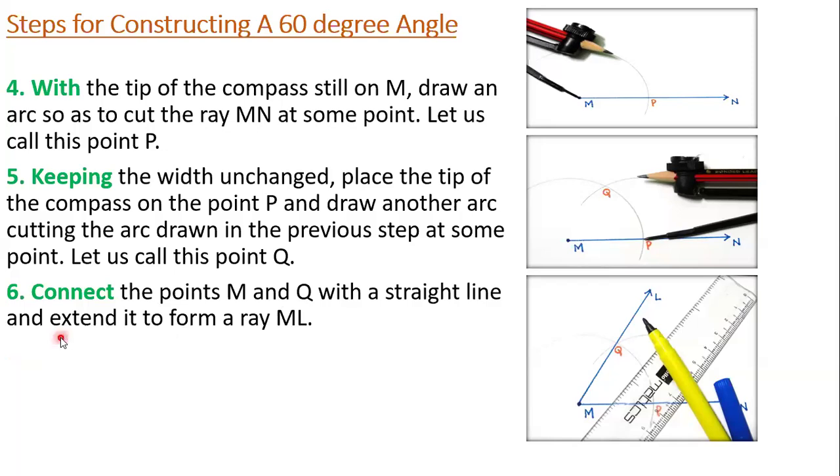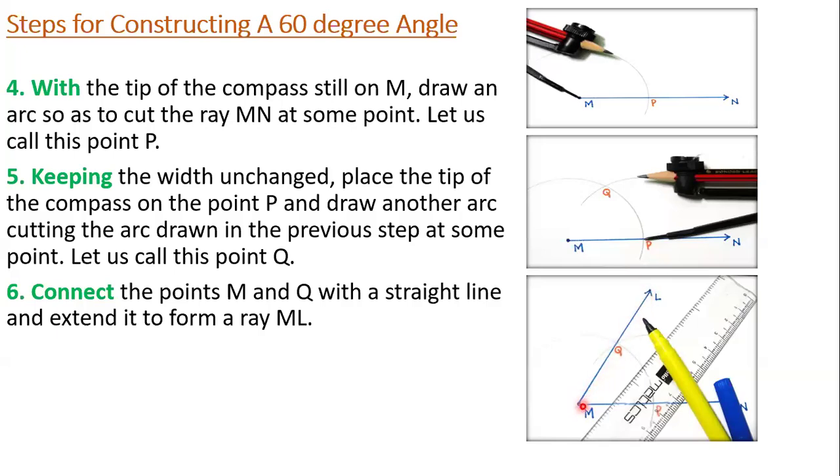So basically, after you already draw the point of intersection, the point at which the two curves intersect, you just take your ruler, start at point M and extend it all the way. It has to cut Q, extend it all the way to L. Okay, and so you extend it outward. And this is the line ML.